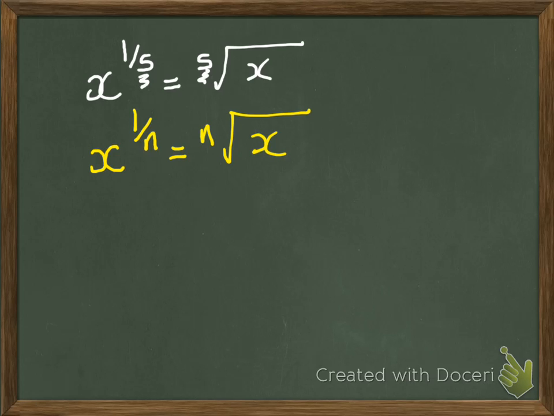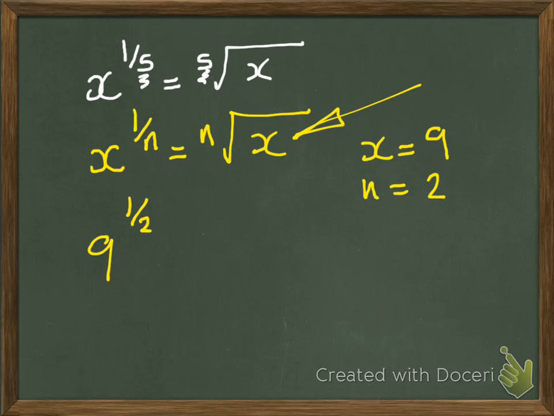So in other words, if x equaled 9 and n equaled 2, I'd be rewriting this as 9 to the power of a half, which is the second root, or square root as we would most commonly have it. Square root of 9 equals 3. And that's all it is.